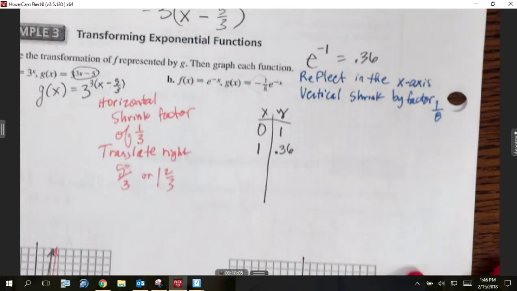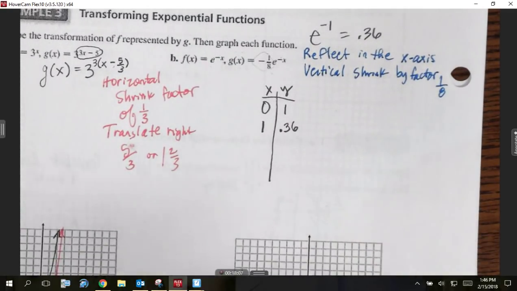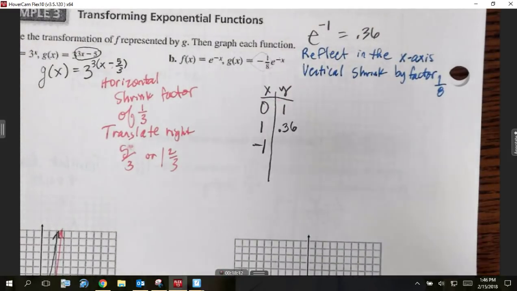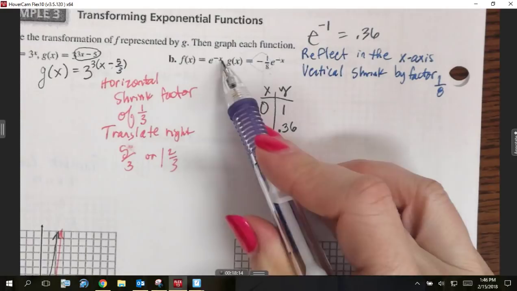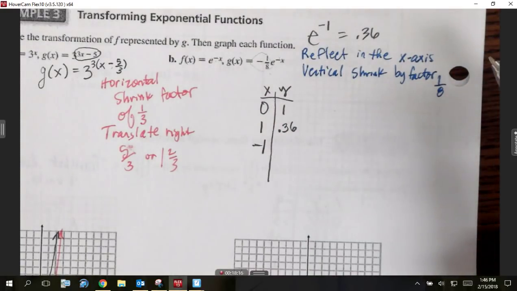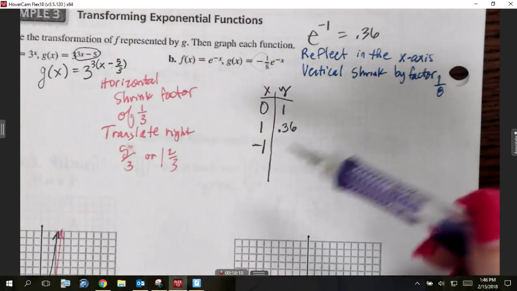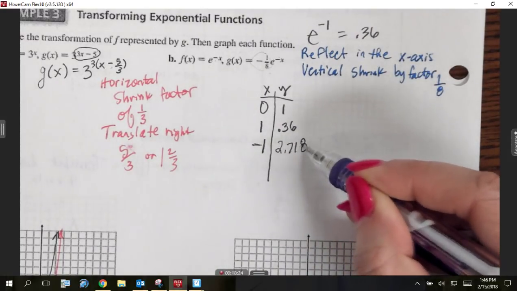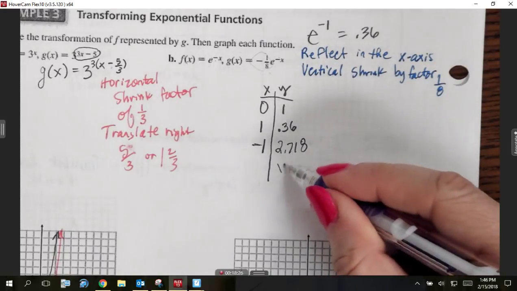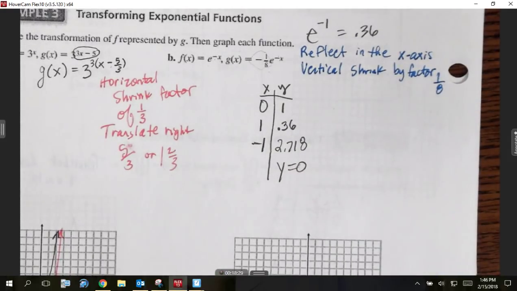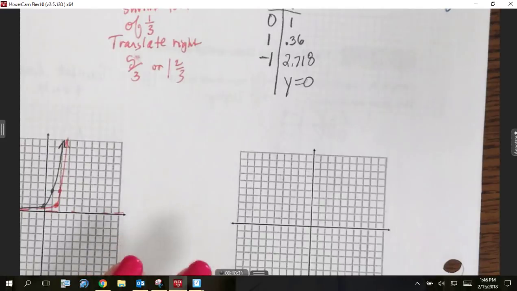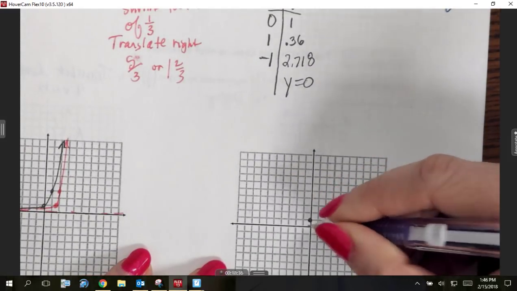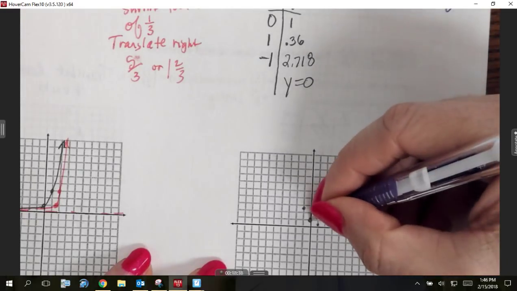But that one's not as important to me because this one's a decay. I think putting negative 1 is a little bit more helpful in here. Because if I put negative 1 in for x, what's e to the first? 2.718. So that one's a little bit easier to use. Y equals 0 for the y. And I'll graph it. So 0, 1. 1 is about 0.4, but negative 1 is 2.718.